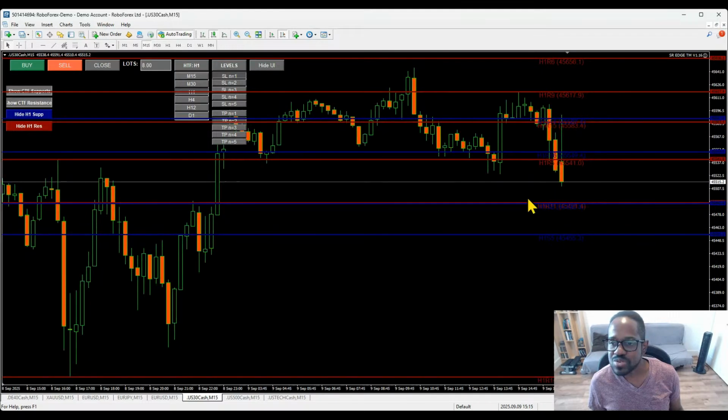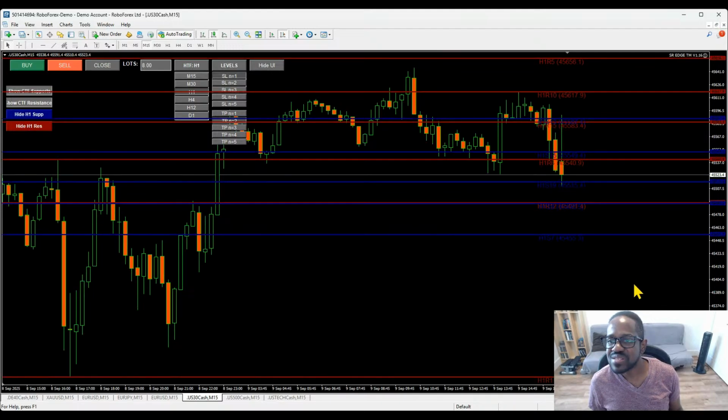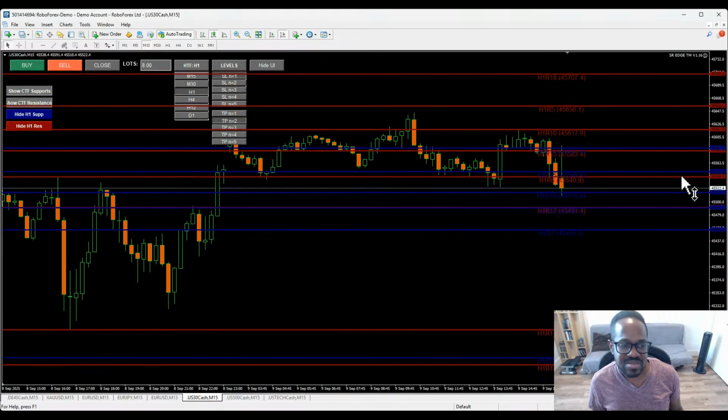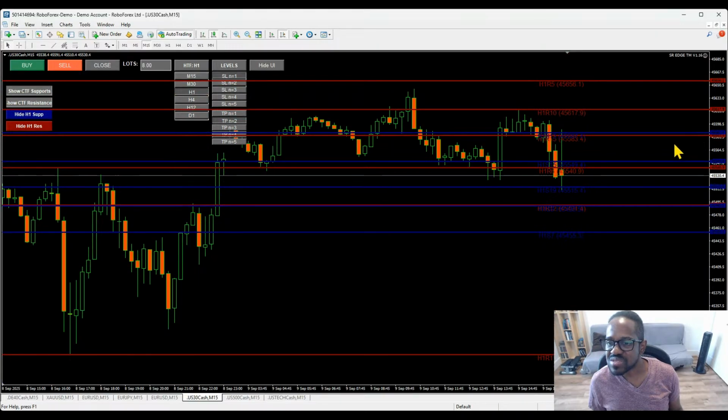And as you could see, those are the levels to look for. So here we do have a big gap between levels, so it may start to tank a little bit more.